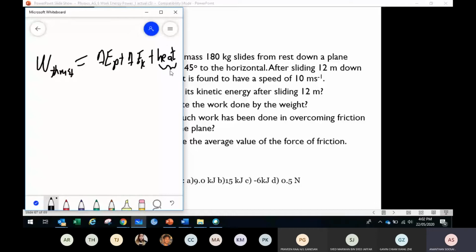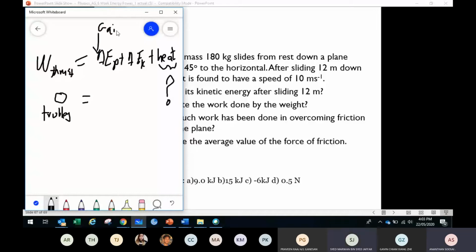The question never said heat, but we know this is the work done against the frictional force, so we're looking for this. Work done by the thrust is 0 because it's a trolley, no thrust. Gain in EP, how much? Consider this as a gain.